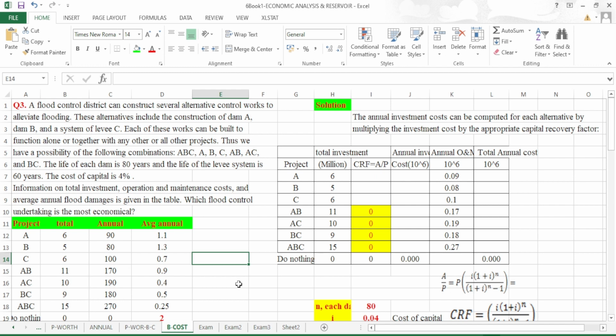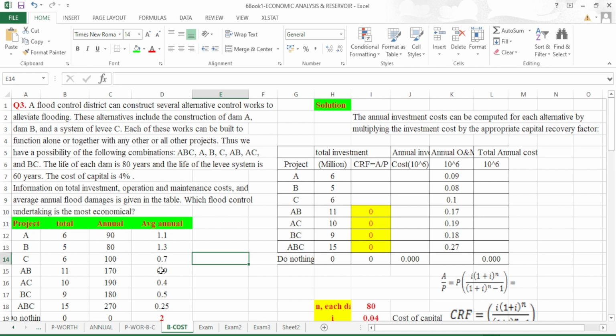The life of each dam is 80 years, and the life of the levee system is 60 years. The cost of capital is 4%. Information on total investment, operation and maintenance costs, and average annual flood damage is given in the table. Which flood control undertaking is the most economical?